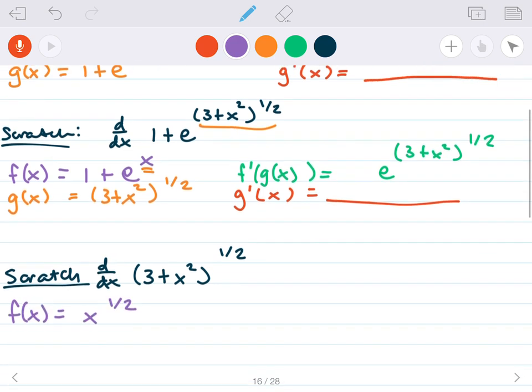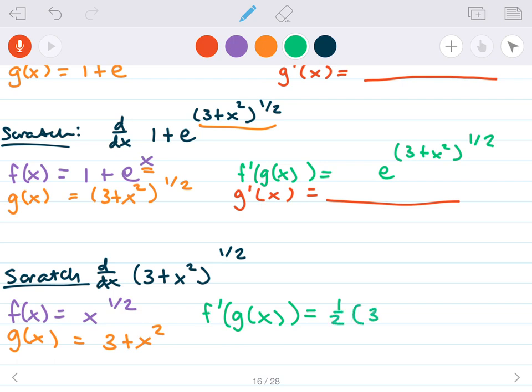My inner function that I can take the derivative of now, thank God, is 3 plus x squared. First part of the chain rule, I have 1/2, keep g in there to the negative 1/2. And then g prime of x, thank the Lord we can take the derivative of this. G prime of x is going to equal just 2x.